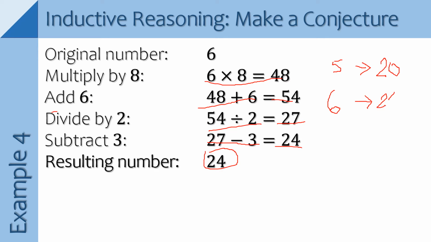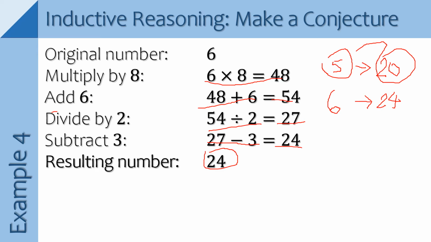So what is the connection of the original number to the resulting number? In this case, what is the relationship of 20 to 5, and what is the relationship of 24 to 6?